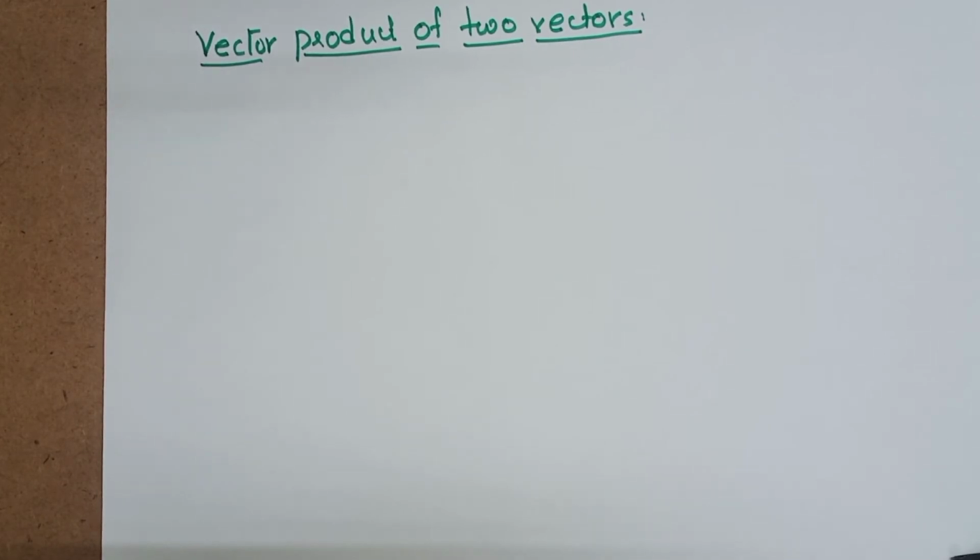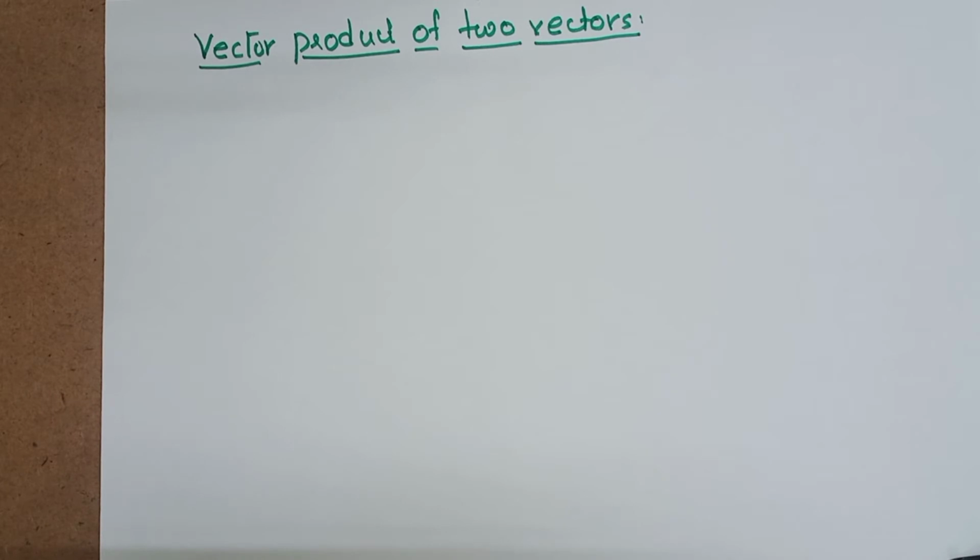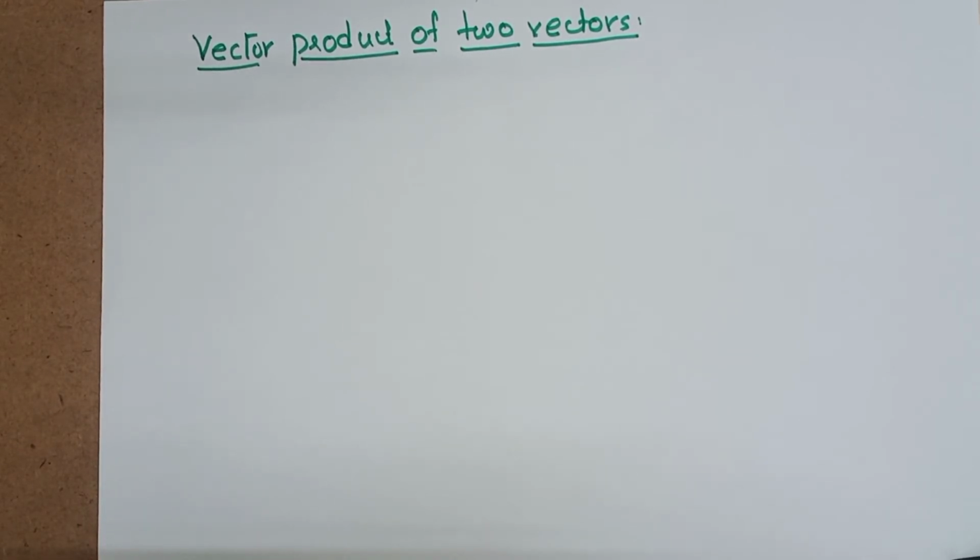Now we consider another topic, the vector product of two vectors. In the last sessions, I think the 6th chapter, we saw the dot product, where work is a scalar, the dot product of two vectors F and S. Here in rotational motion, which is very important because we will discuss moment of force, angular momentum and torque, all of them involve the cross product.